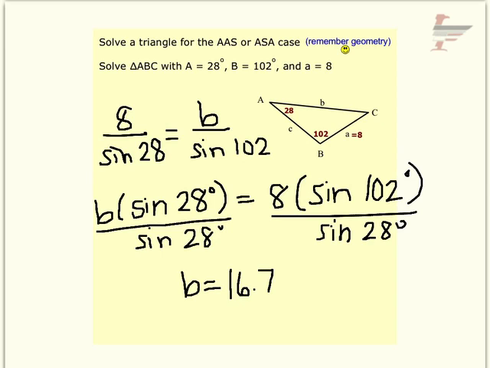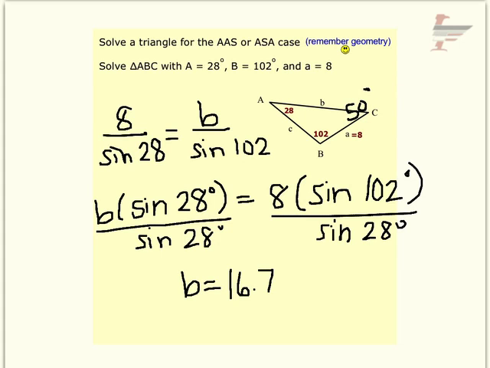So that third angle, C, has to be 50 degrees. Now, I want to talk about one thing here. Because this was the case where you have two angles, you're only able to have one triangle. So I want you to think about it because it's very logical. If you have two angles, that third angle definitely can only be one measure to make 180. So there's only one way to arrange a triangle.